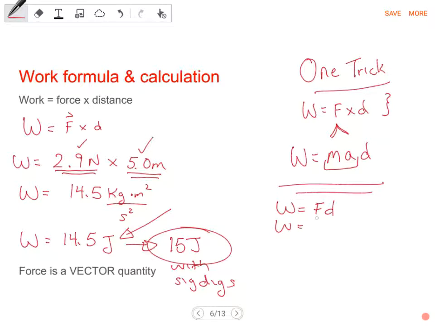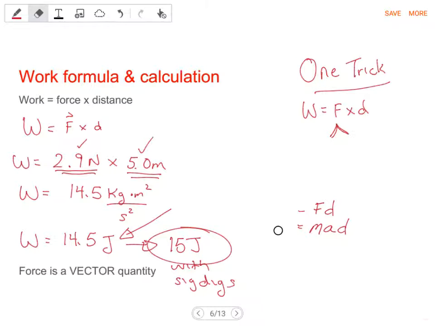And you're going to have to switch force into mass times acceleration times distance. As an example, if I just erase this here, I'll go back to the start. This is for the trick situation. Let's pretend that a question gave you these values. Your work is 20 joules. I'm just making this up very quick.